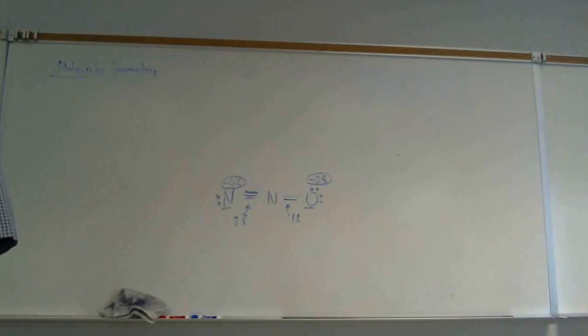This is why when I was studying, I was always at the library looking at other books. Which book would you suggest to look at the resonance hybrid? I would go online and look up nitrous oxide. This is the classic example of inequivalent resonance forms in this funky hybrid.